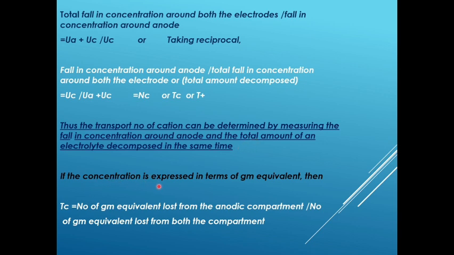If the concentration is expressed in terms of gram equivalent, then this equation changes like this: Tc becomes number of gram equivalent lost from the anodic compartment divided by number of gram equivalent lost from both of the compartments.